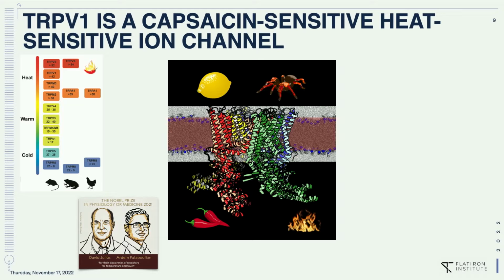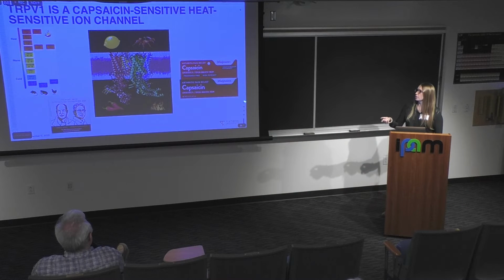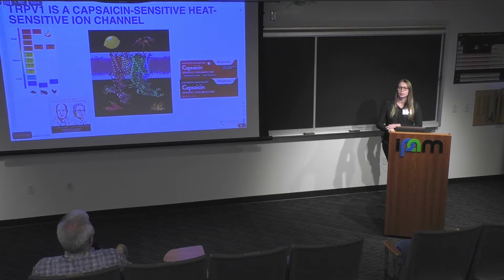Understanding the molecular mechanisms of these proteins is still something we are trying to figure out. The implications are potentially high, as pain therapeutics could be designed if we can figure this out. You could go to your pharmacy right now and get capsaicin cream if you wanted to topically desensitize your pain neurons.